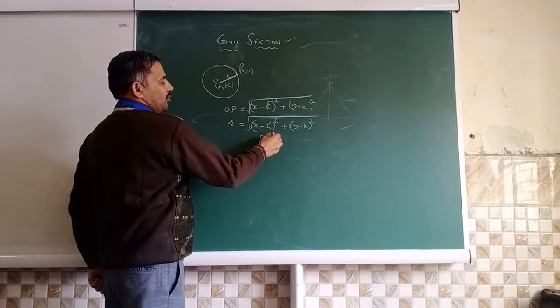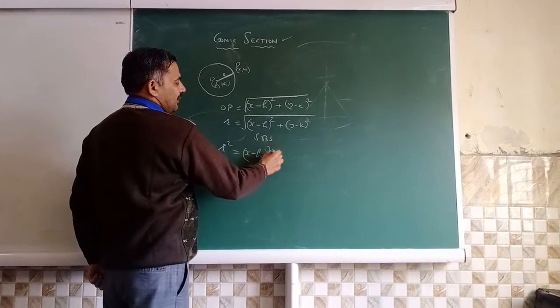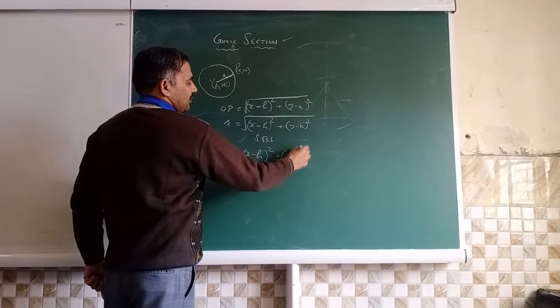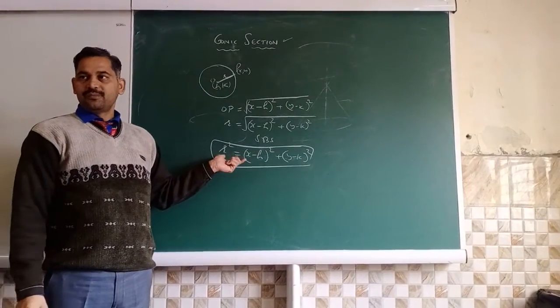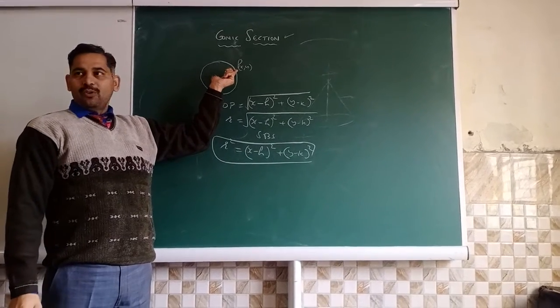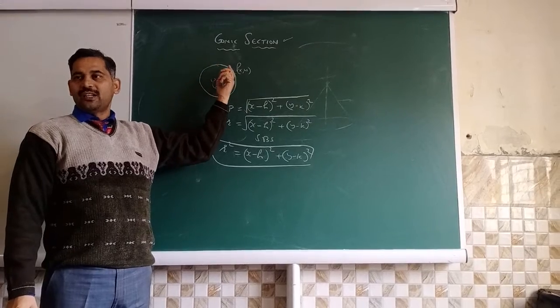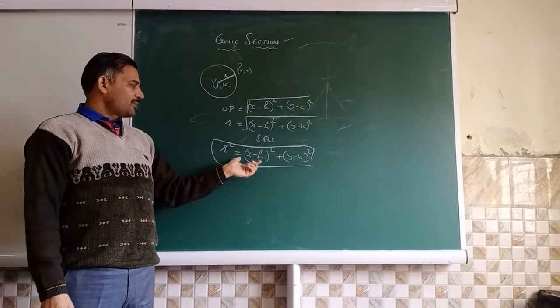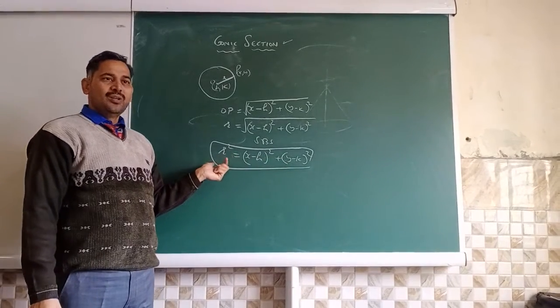Now squaring both sides, r square is equal to (x minus h) square plus (y minus k) whole square. This is the equation of the circle. Is it clear? P is any moving point and O is the fixed point. The distance is always constant by the definition.